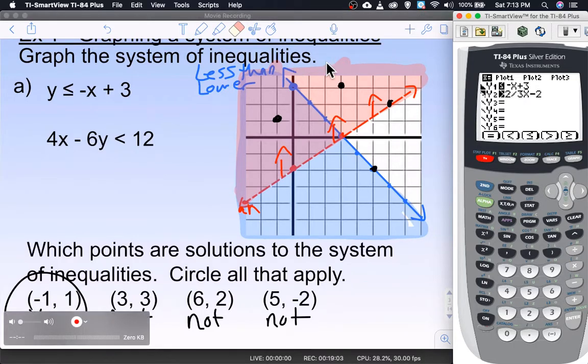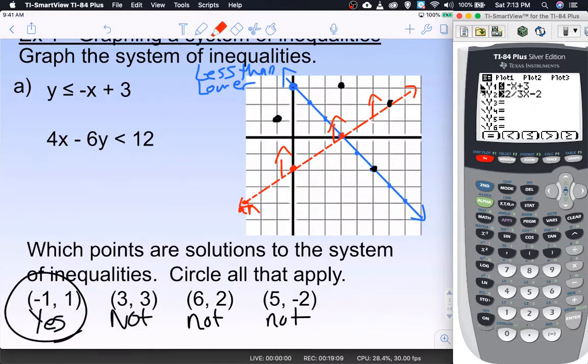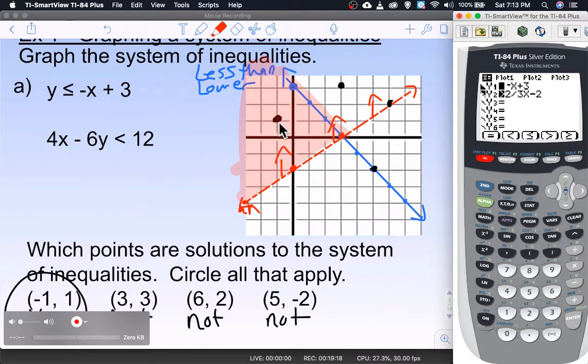In this first problem, it's not these 3. It is just this. This is the solution to the system of equations. It is this one shaded in area. It's the double shaded area, the area that was shaded by the blue and by the red.